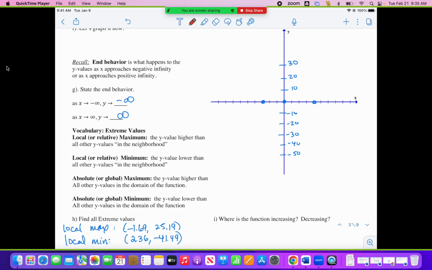And now we're going to estimate negative 1.69, 25, I'm going to put a dot up here, 2.36, negative 41. Now this comes from below, and then I've got my end behavior.